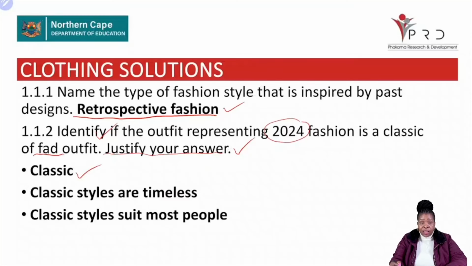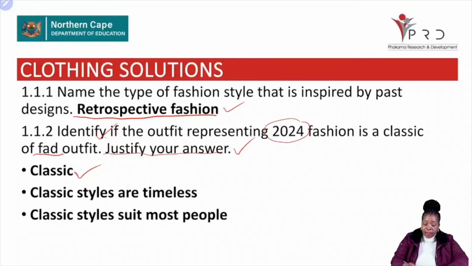So what have we done? We have answered part one of our question, which is identify, right? And then we go to part two of the question, which says justify your answer. Give some justification or give reasons why this is a classic style, right?